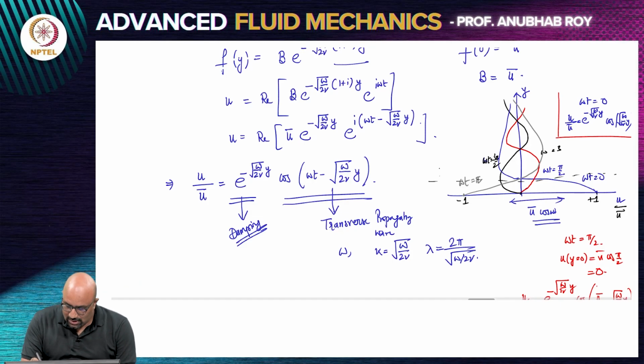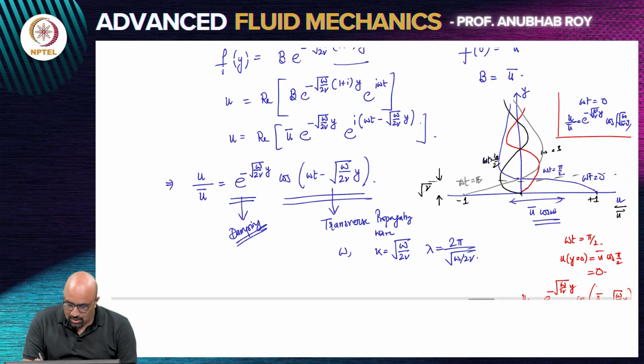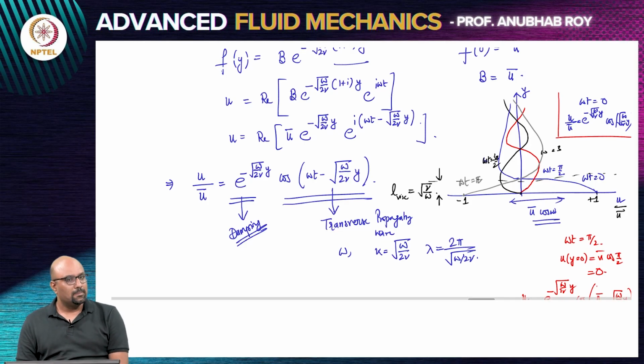So here, this distance is square root nu by omega. So there is a viscous length scale in this problem over which momentum is going to penetrate, a distance over which you will have effects of viscosity being felt in the fluid.